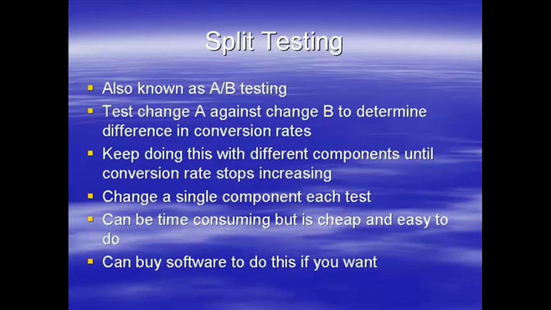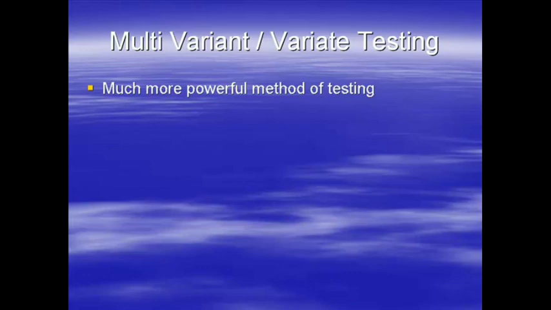But split testing is a little bit on the slow side. If you really want to do well, you want to use something called multivariant or multivariate testing. Now, this is a very powerful method of testing, and is actually the best form for you to use. If you're going to buy software to do your testing, you want to invest in some good multivariate testing software.